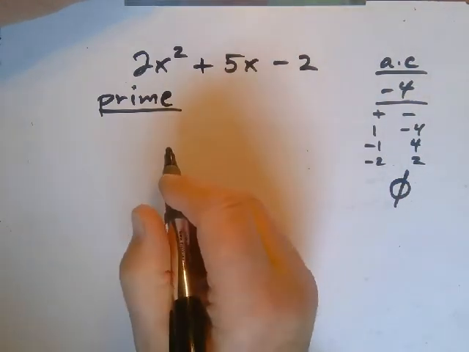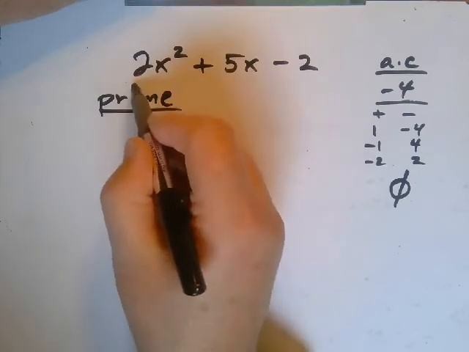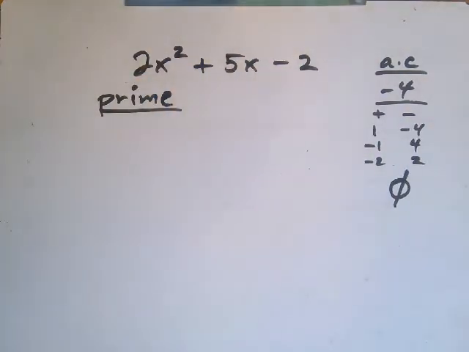This number is not factorable. So that's going to happen every once in a while. And these are the hardest problems because usually people are scratching their head wondering, what am I doing wrong? Well, I didn't do anything wrong. It's just I didn't find a combination that was going to work. So it is prime, not factorable.